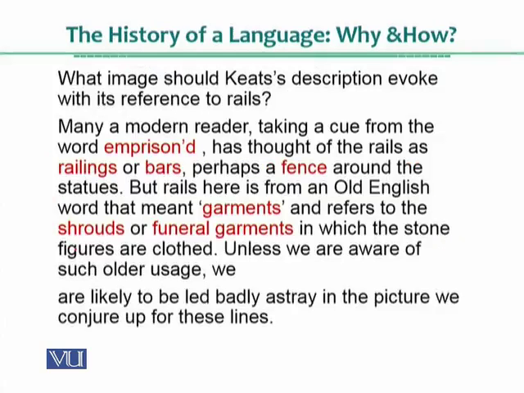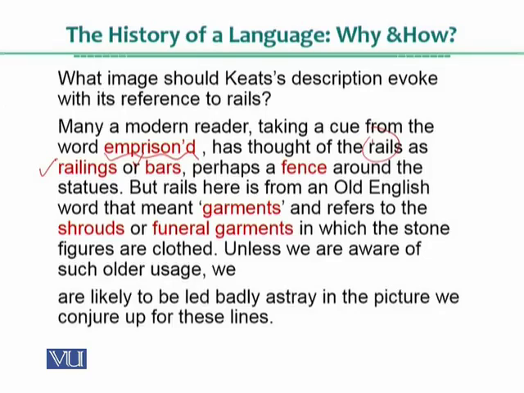Now, my dear students, if after reading those lines you try to create an image of what Keats is describing, probably for a modern reader, because the word imprisoned is used and then the word rails, the idea of prison bars would come to mind. And probably somebody would think of a fence around these statues.